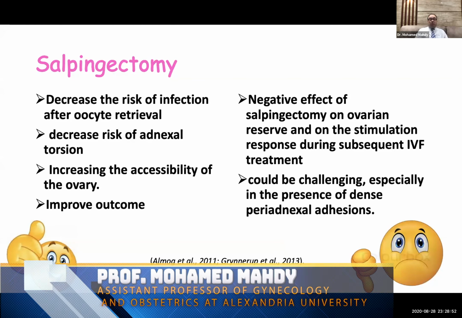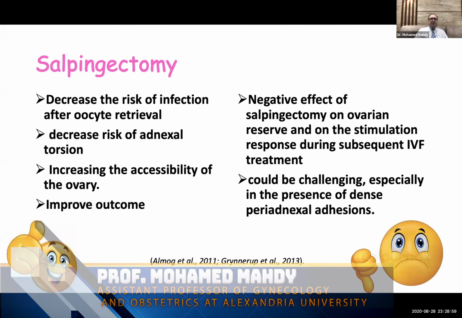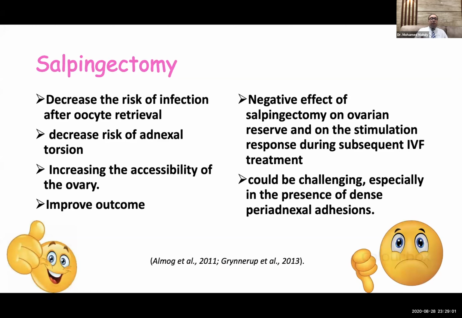First, salpingectomy. What is for and what is against? Salpingectomy is useful because it decreases the risk of infection after oocyte retrieval. By removing the fallopian tube, you avoid entering the fallopian tube with your needle, so you decrease the risk of PID or infection after ovum pickup.